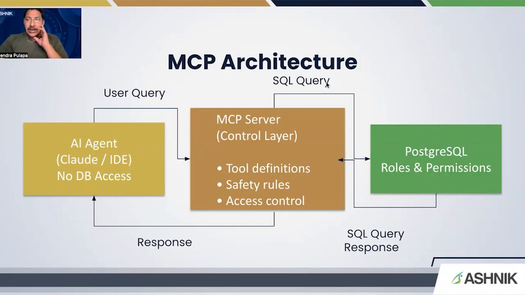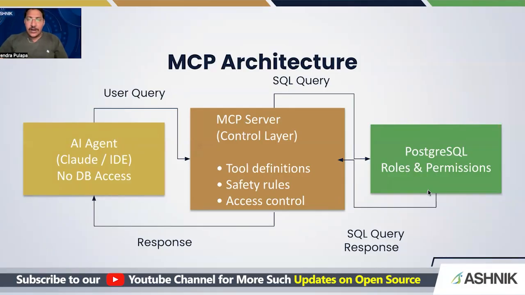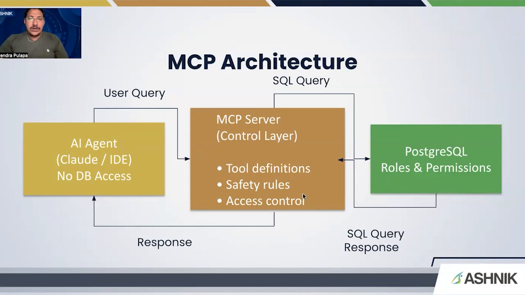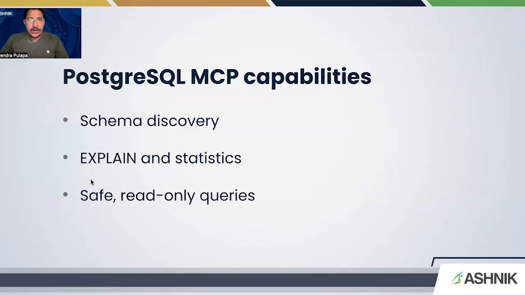The SQL query goes to my Postgres database, and the database gives a response. From the MCP server, it again converts the SQL response into natural language and gives the response back to Claude. So this is all about how MCP architecture works.